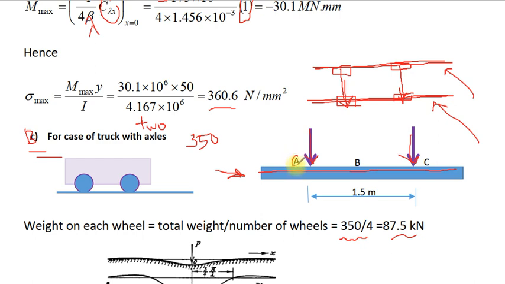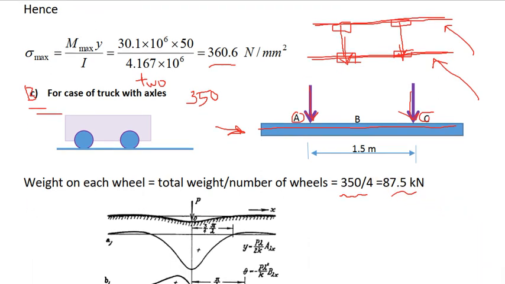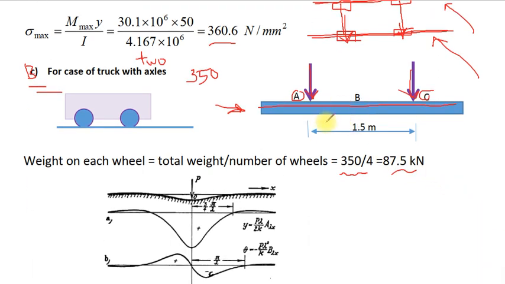Name this point as A, this point as C, and the distance between these two forces, between the wheels, equals 1.5 meter. Now the problem is to compute the maximum deflection and maximum moment.